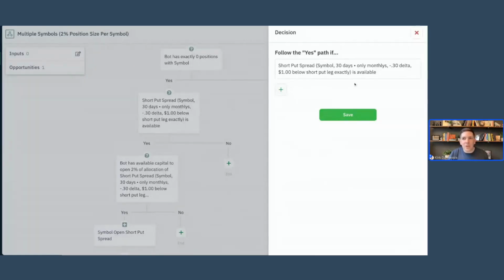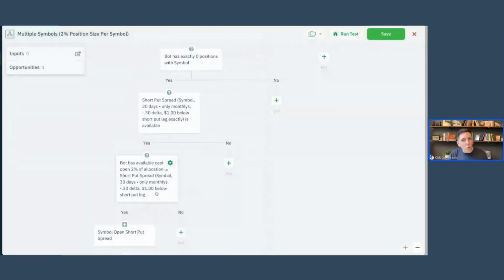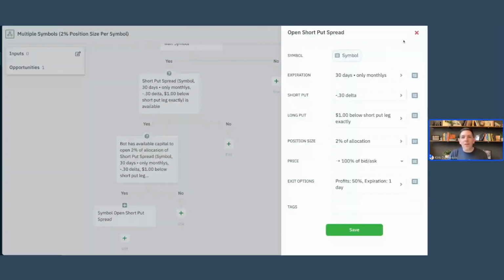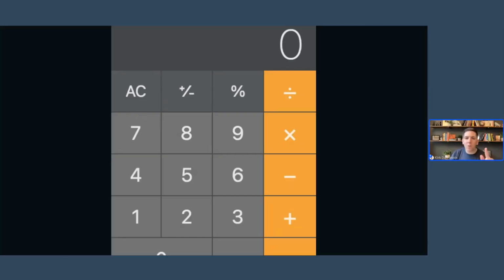Is there a position available? Yes. Can I allocate 2% to that position for that symbol? Yes. Great. Open a position that's 2%. So if I know that a $1 wide spread was roughly $80 of risk, then each position is going to be $80 of risk, and you want that position to be 2% of the total portfolio.